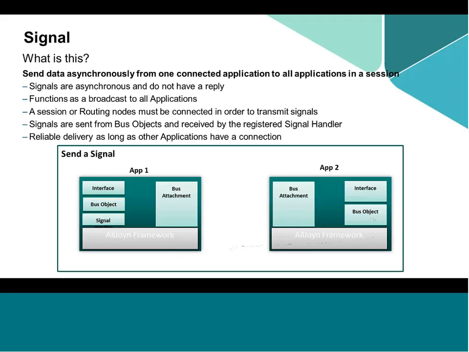And so the big thing here is that signals travel from a bus object, so you need a bus object to send one. In Java, with the Java language binding, it's a little interesting how you create that, because even if you are just a sender side, you still have to register your bus object.